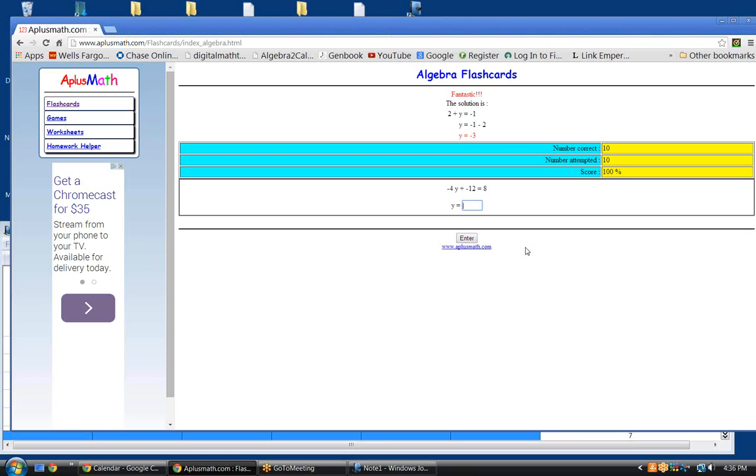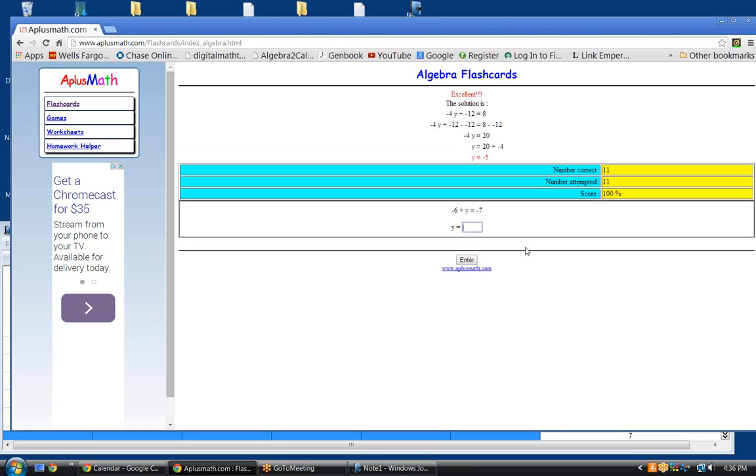So y equals... Okay, there's two steps here, so don't try to do it all at once. What's the first step? Getting plus 12 on each side. So now you have minus 4y equals what? 20. Okay, now what's y equal to? Negative 5. Good. Alright, minus 1.